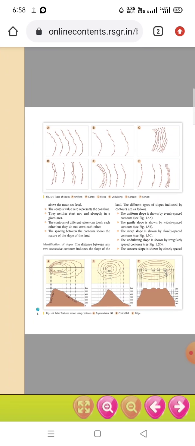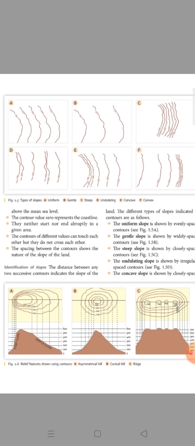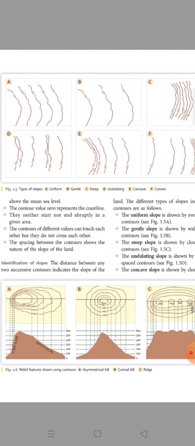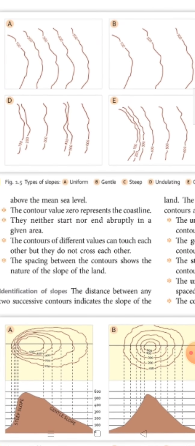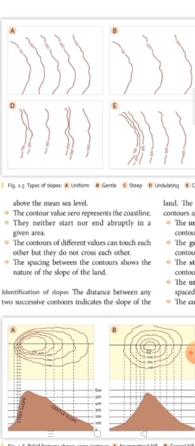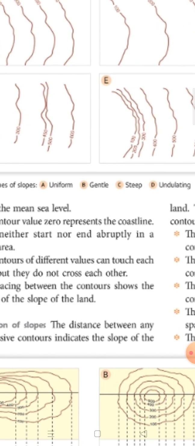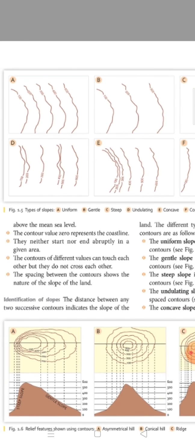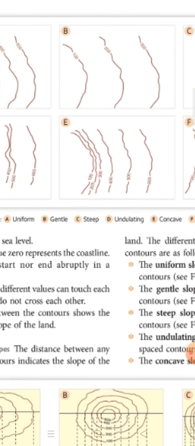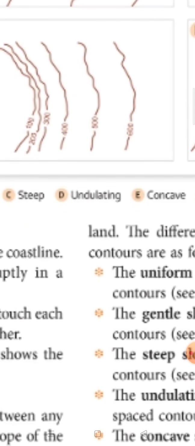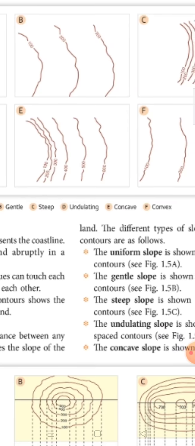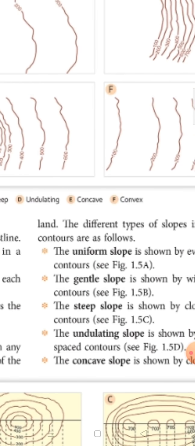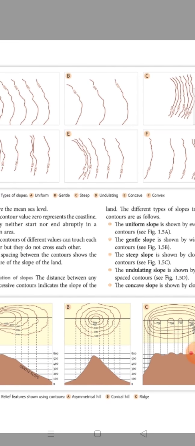Then we can see the several types of slopes. Some slopes are uniform, some are gentle, some are steep, then undulating, concave, convex. Like this, these slopes.